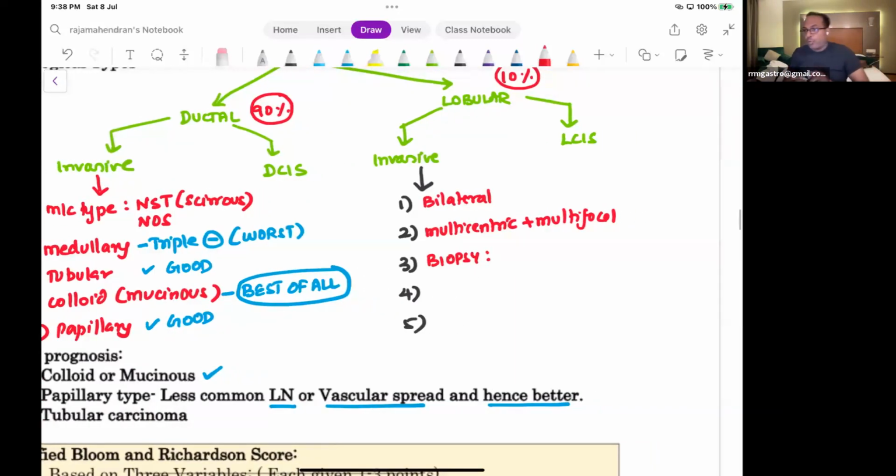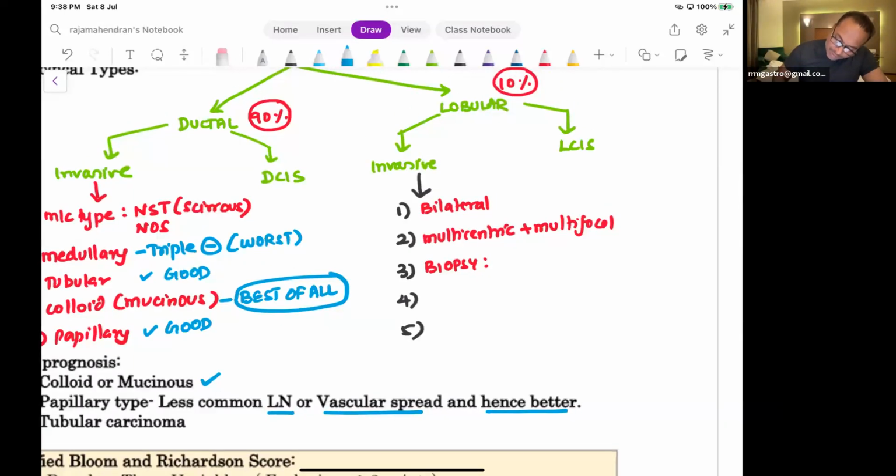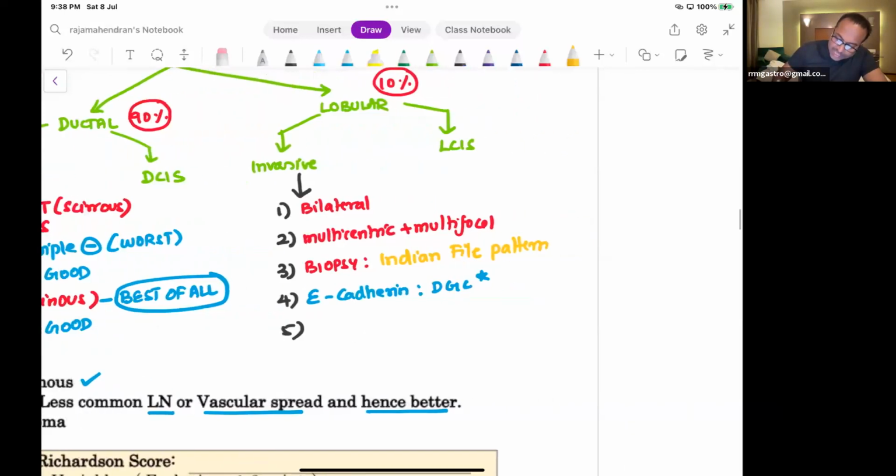Biopsy shows what type of cells? What is the biopsy finding in this invasive cancer? Lobular cancers can be associated with E-cadherin mutation. They can be associated with diffuse gastric cancer. That is one very important point, you should not forget. Biopsy shows Indian file pattern of arrangement of cells, like Indians standing in a row.